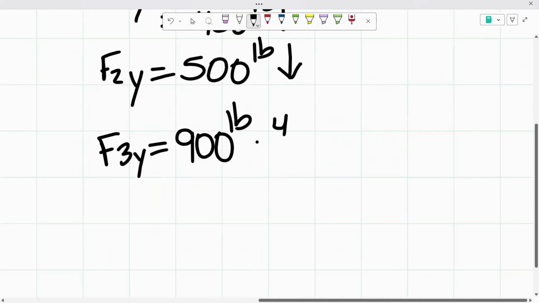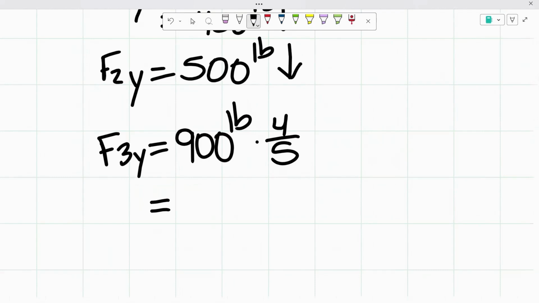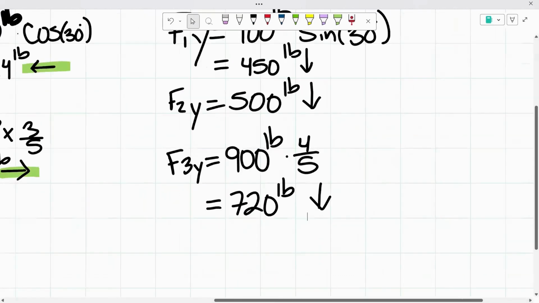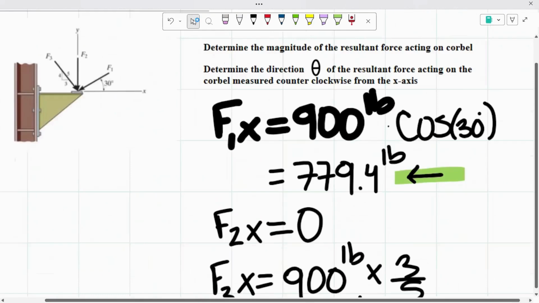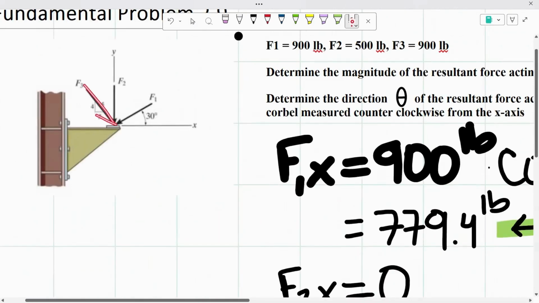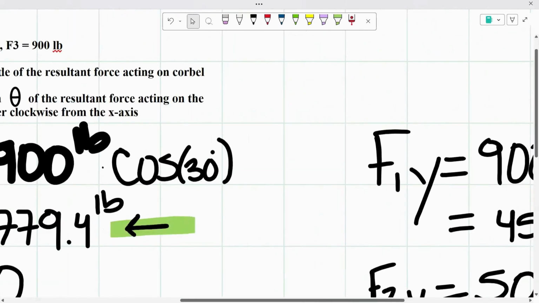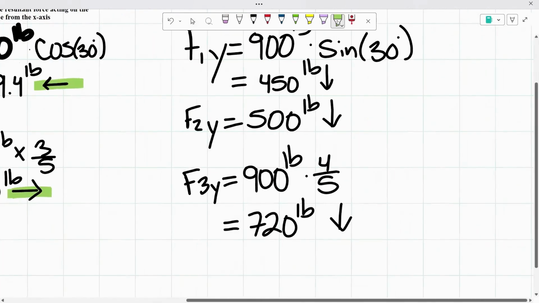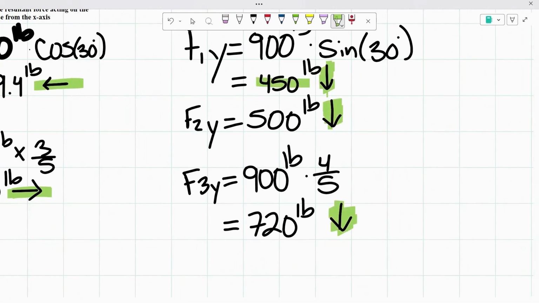We plug that into our calculator, and that should give us 720 pounds. And this force was also slightly going towards the bottom, as you could see. So all these forces were going down, which is why all of the signs of them are facing down. They're all going down.